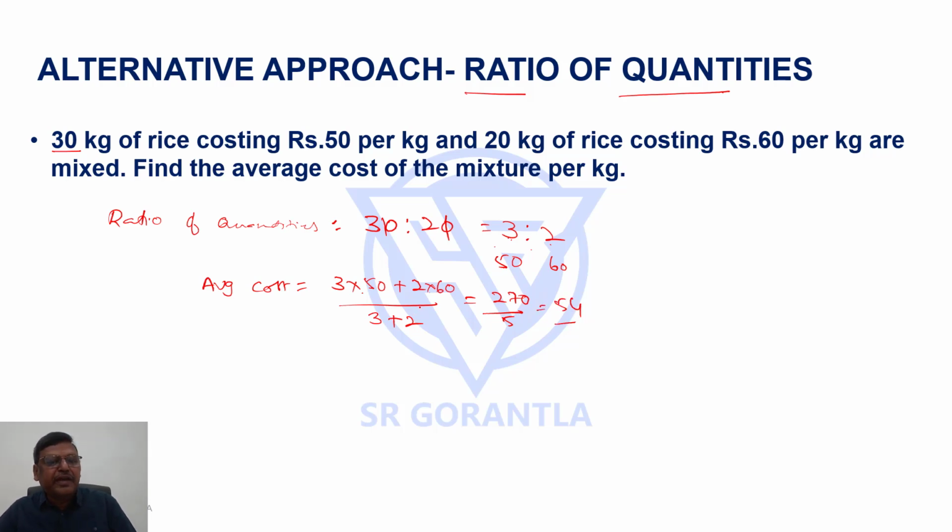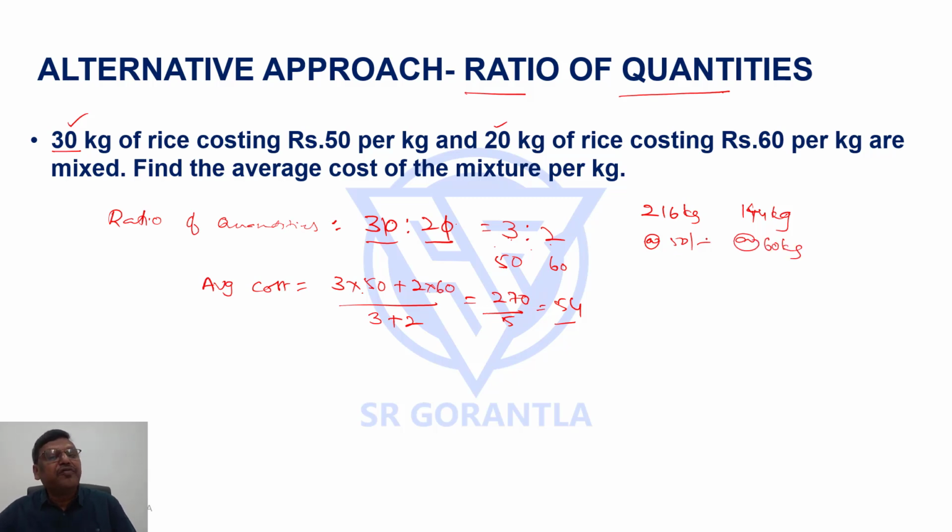Then some of us will be thinking, what is the big difference, sir? Only a 0 is eliminated, otherwise it's almost the same. I understand, when you take 30 and 20, these are two easy numbers, so you don't find any difference. Suppose I take two big numbers, say 216 kilograms of rice at the rate of 50 per kilogram and 144 kilograms of rice at the rate of 60 per kilogram are mixed.